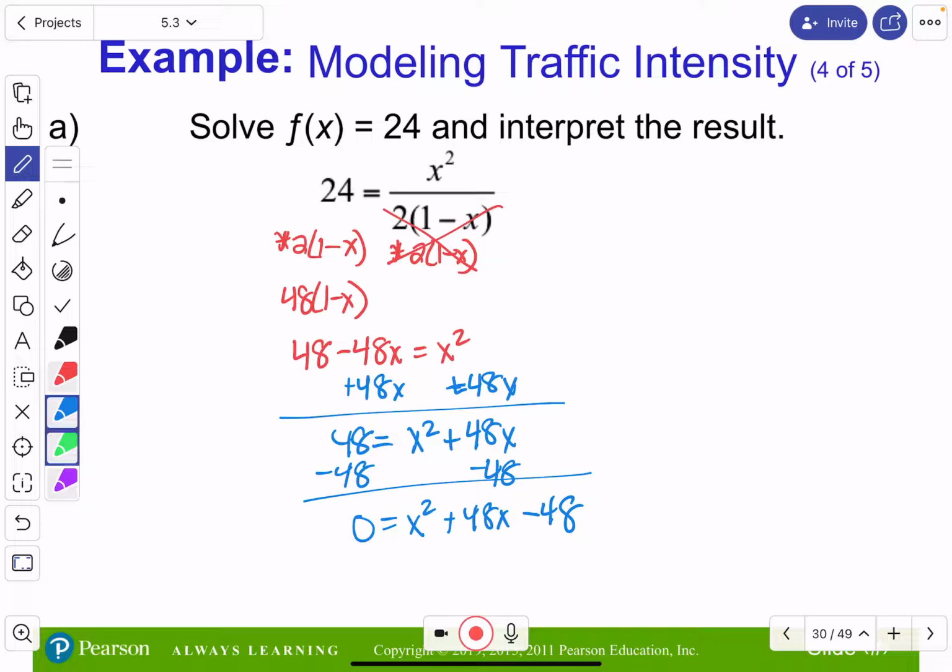If we do the quadratic formula, so negative b plus or minus the square root of b squared minus 4ac all over 2a. If we do that math out, we get minus 4 times 1 times negative 48.